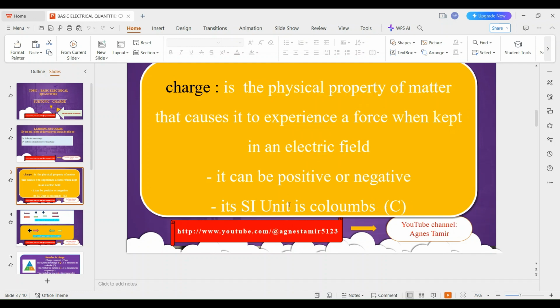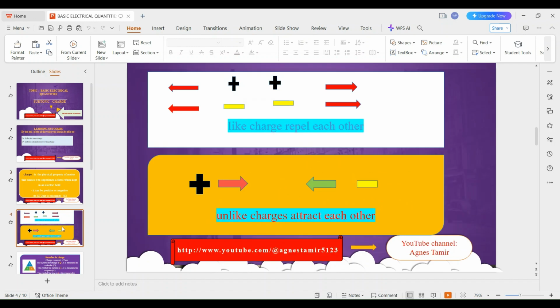Back in high school, we looked at Coulomb's law, and we know that like charges repel while unlike charges attract. On this diagram, we have a positive charge and a positive charge, and a negative charge and a negative charge.